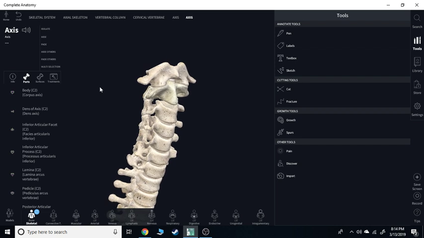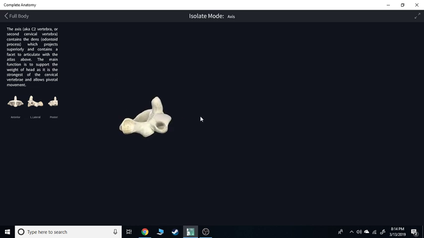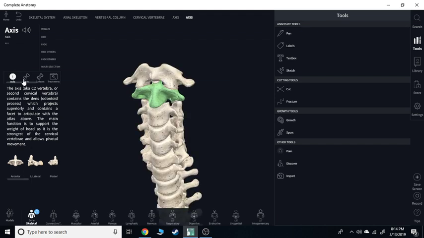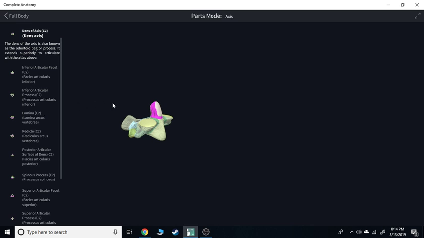So this one's a little different just because that was axis. So you can see that it has this little notch here. The dens of axis.